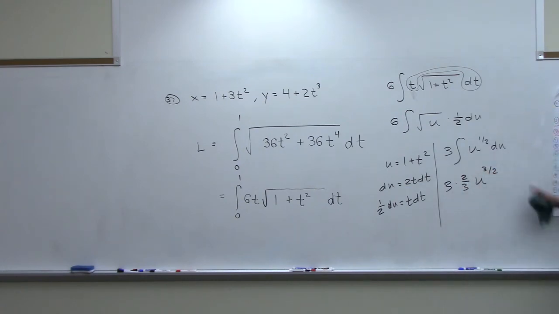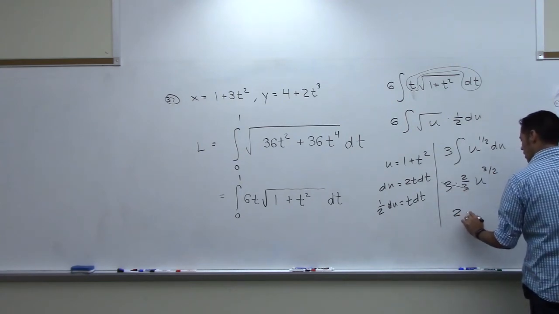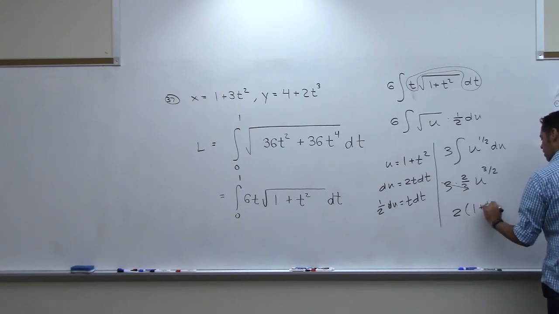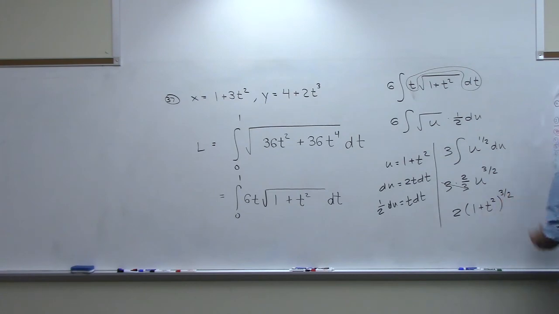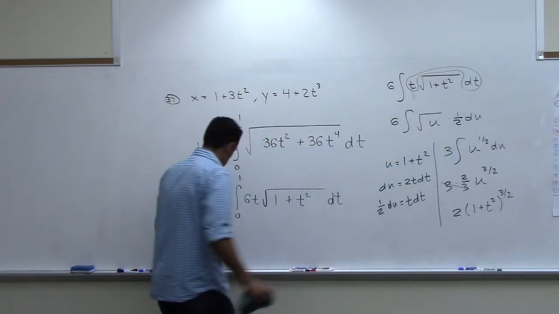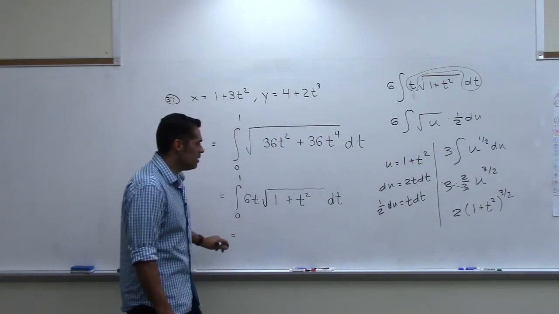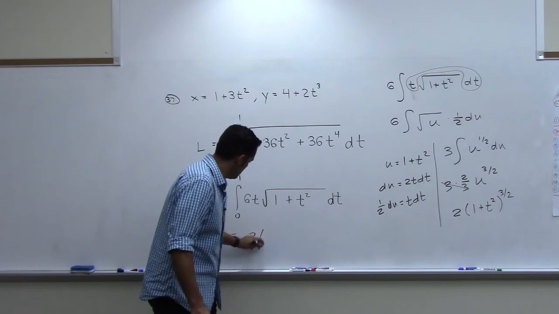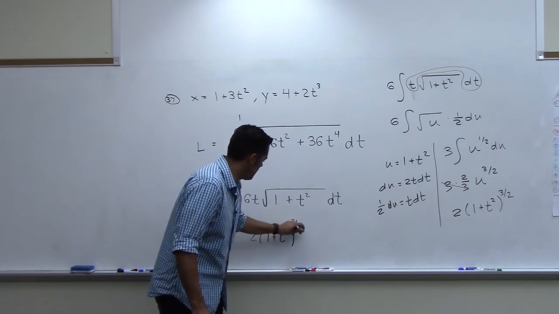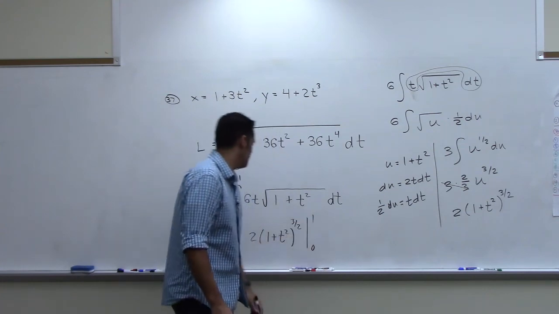Plus some constant, but it's not going to matter because this is a definite integral. It just ends up being 2u. What was u? 1 plus t squared, to the 3 halves, right? So now come back over here. This is 2 times (1 plus t squared) to the 3 halves, evaluated from 0 to 1.